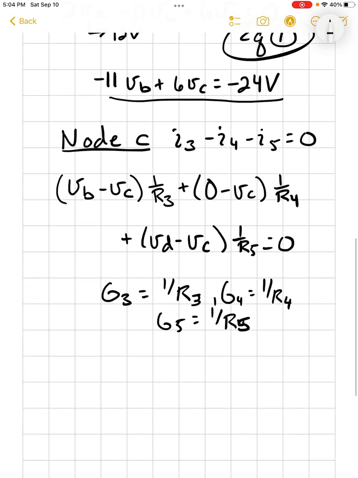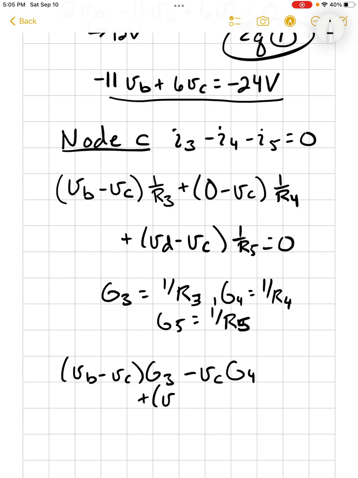Okay, so when I rewrite my equation, what I get is VB minus VC times G3 minus VC times G4 plus VD minus VC times G5.